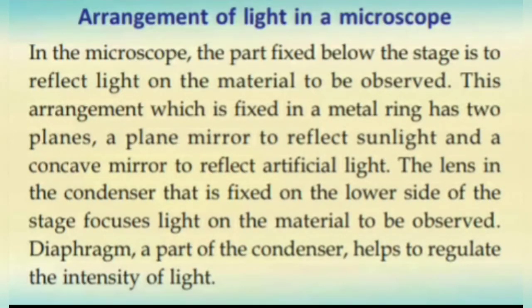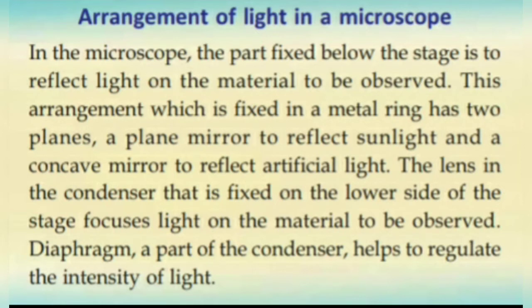Here is a description about the arrangement of light in a microscope. Let's read it. Arrangement of light in a microscope. In the microscope, the part fixed below the stage is to reflect light on the material to be observed.